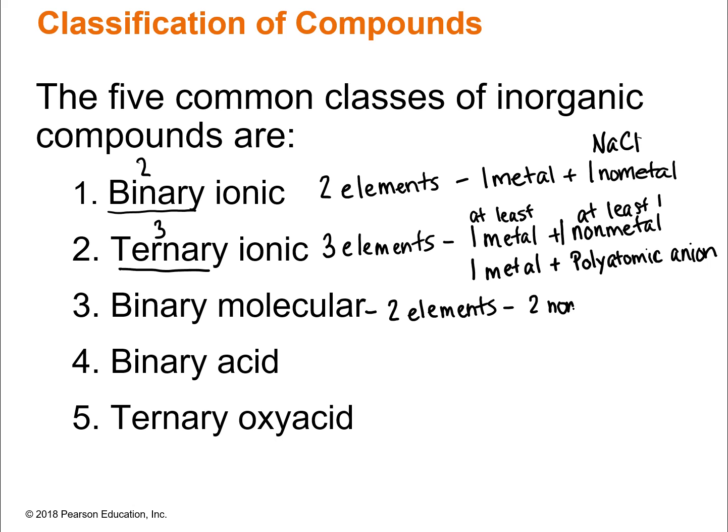They're both going to be nonmetals. I did not give you an example. So an example for a ternary ionic would be sodium nitrate. Binary molecular, an example would be water. Hydrogen and oxygen are both nonmetals.